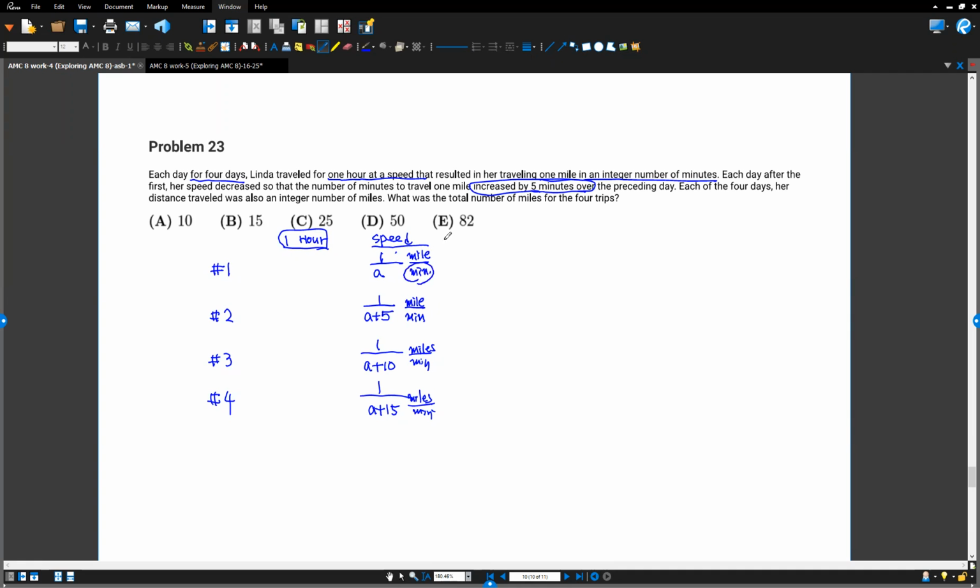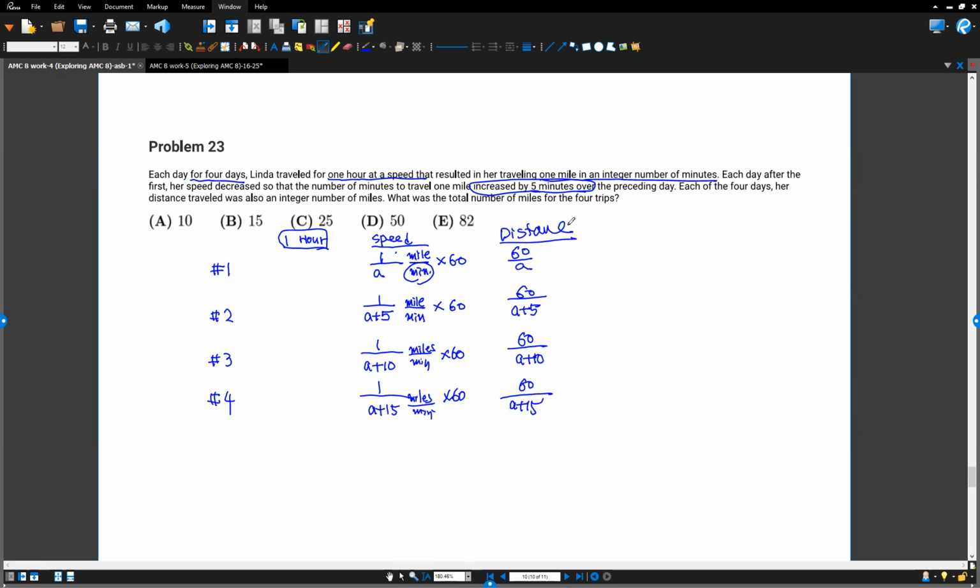So the distance is 60 over a, isn't it? The second is also times 60 minutes, 60 over a plus 5. The next is 60 over a plus 10, and then 60 over a plus 15. That is the travel distance.